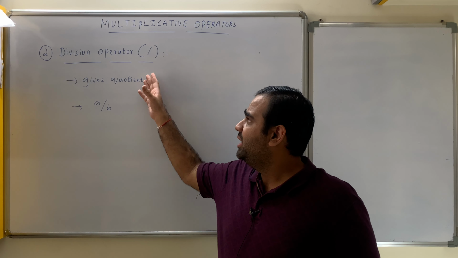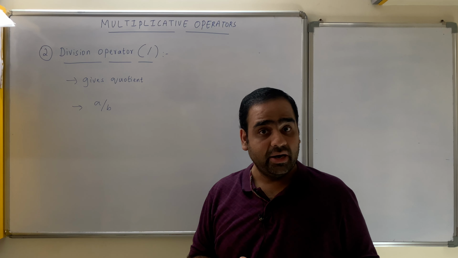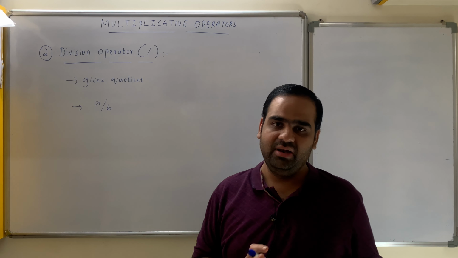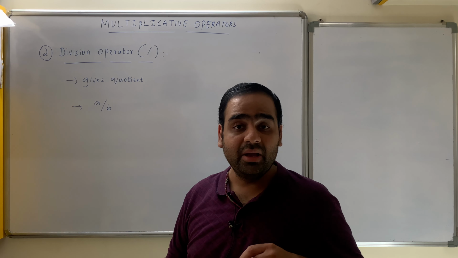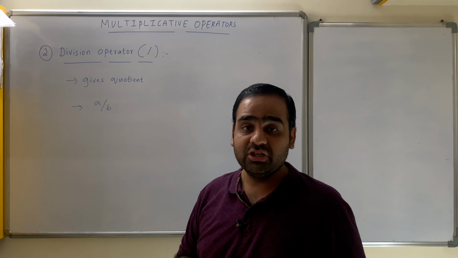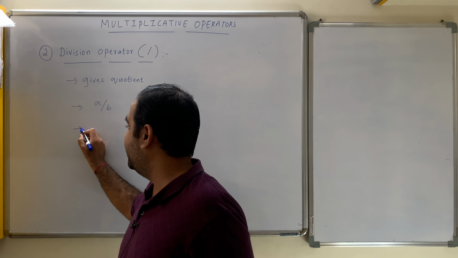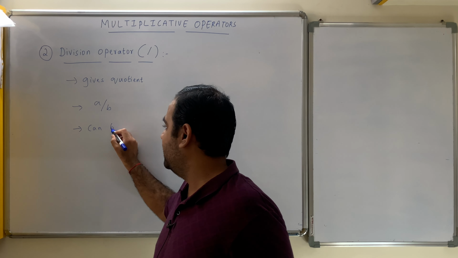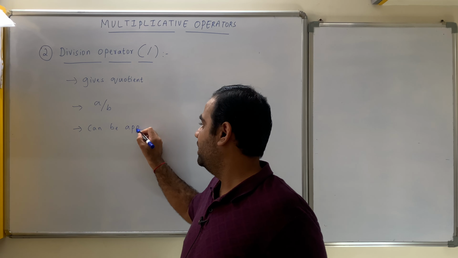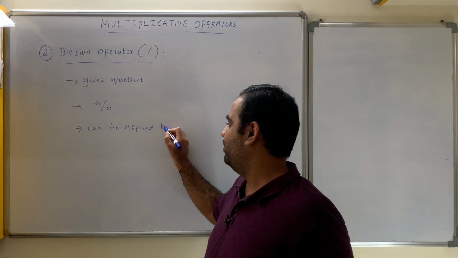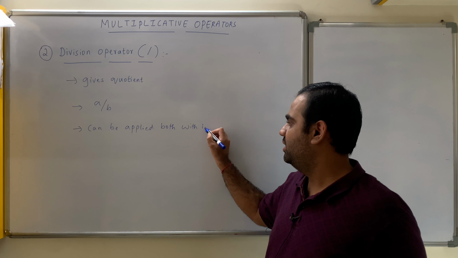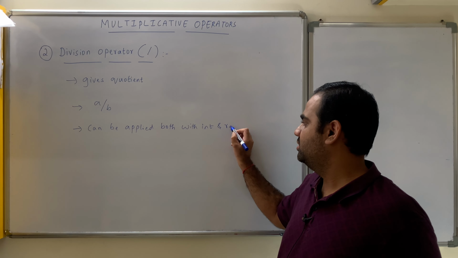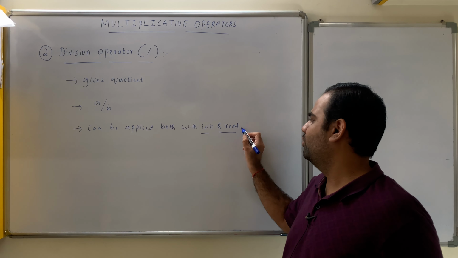This division operator can be applied both on integers as well as real numbers. Whereas the modulo operator can only be applied on integers, the division operator can be applied with both integer and floating point numbers.